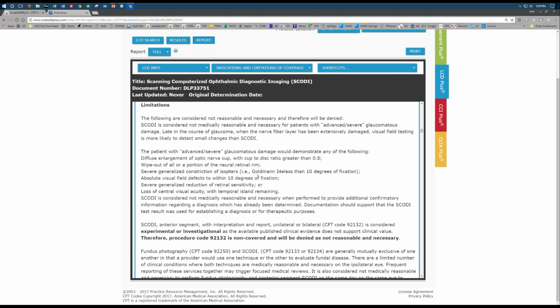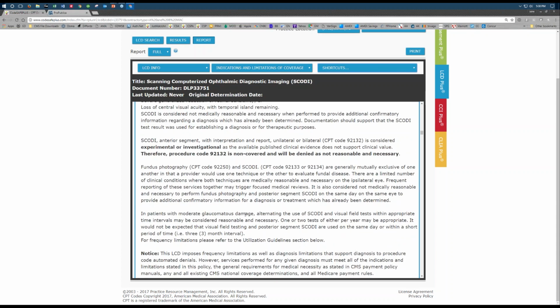And so you can never bill just because you found something. Remember, you have to find something first, then order the test, then perform the test. Okay, so you can't use your photos on everybody as part of your examination. You can do a screening procedure on everybody, not a problem at all.